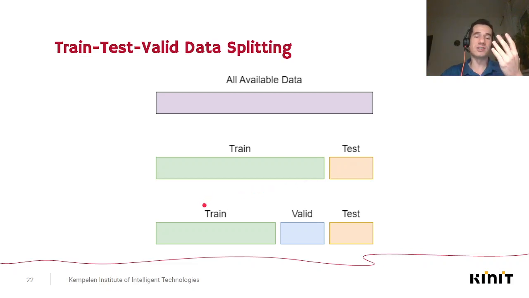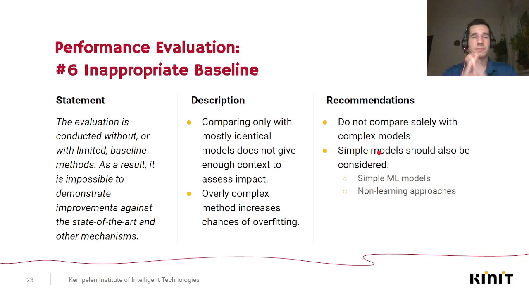What we should do instead is to split our data into three parts: train, validation, and test. Train the model on train, tune hyperparameters on the validation set, and then finally, after we selected our model and fixed our hyperparameters, use it on the test data. This is the very basics of machine learning, but still many research papers struggle with this for some reason, and they introduce a bias and over-optimistic results.